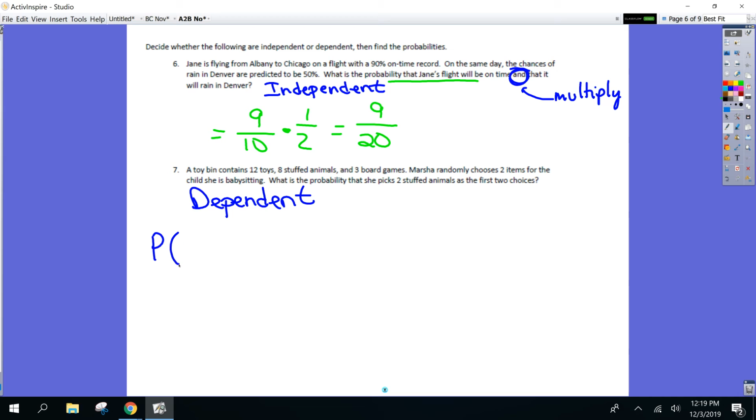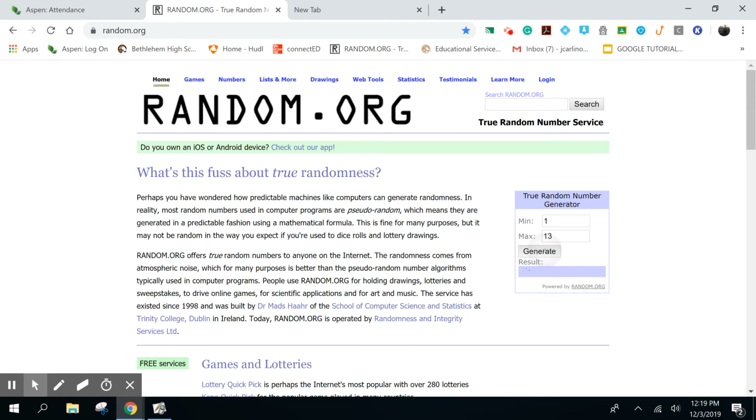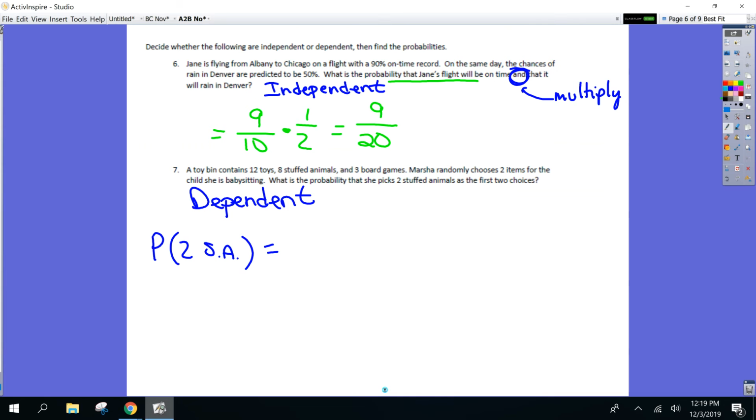So the probability of 2 stuffed animals. Okay, probability the first one's a stuffed animal, first pick. How many toys are there? 23 total.